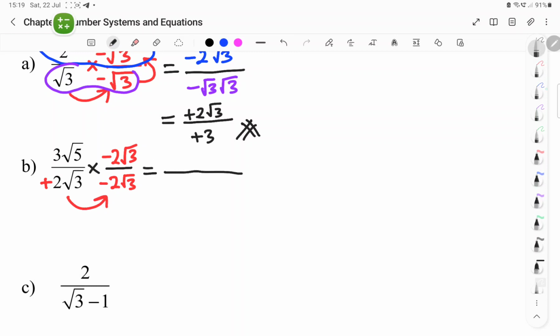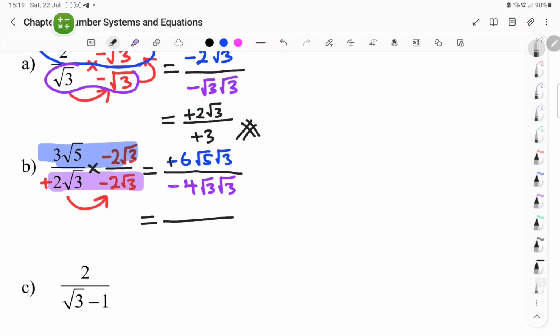Let's multiply this one. We get minus 6 square root 5 square root 3. And then we multiply this, and what do we get? Negative also, 4 square root of 3 square root of 3. Then we solve it further.